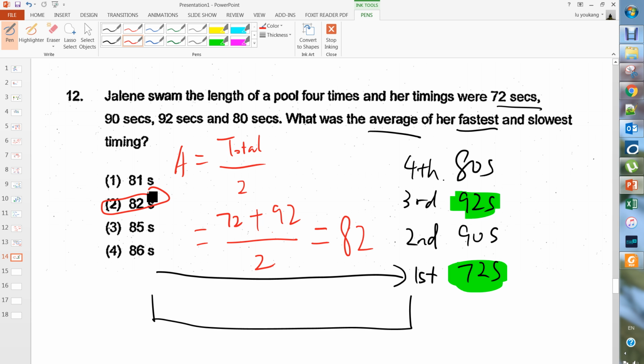So from today onwards, no more empty. Write down at least something. Formula, write down. Branch method, write down. Whatever you can think of, write down. No more empty. That means no more 0 mark. I at least expect something. Okay? Next. 13.